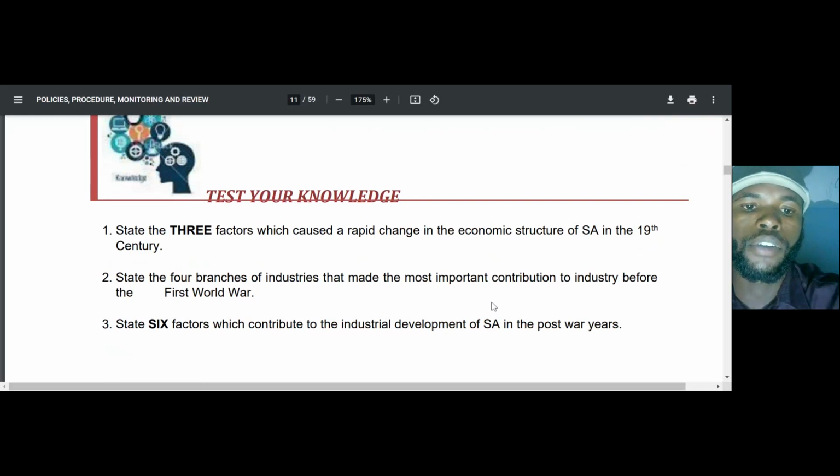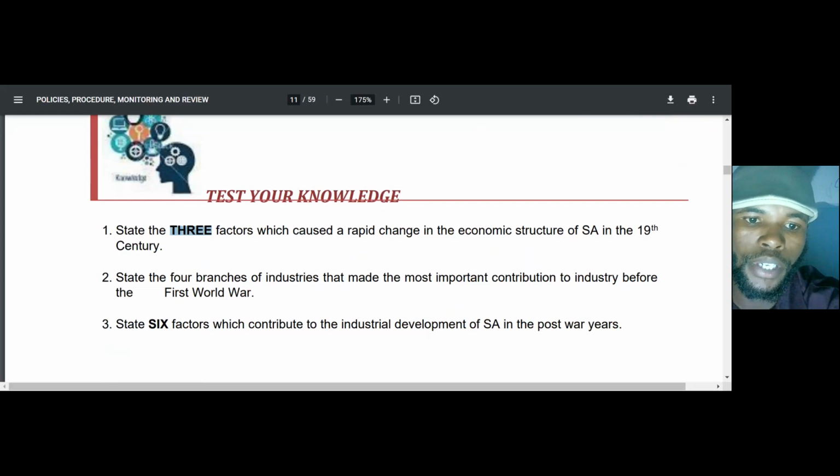Okay, now if you want to test your knowledge, I'm going to give you at least 15 minutes to do this. One: state the three factors which caused a rapid change in the economic structure of South Africa in the 19th century.